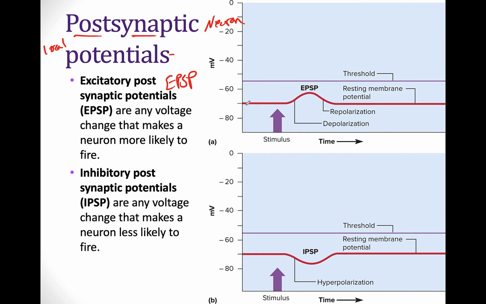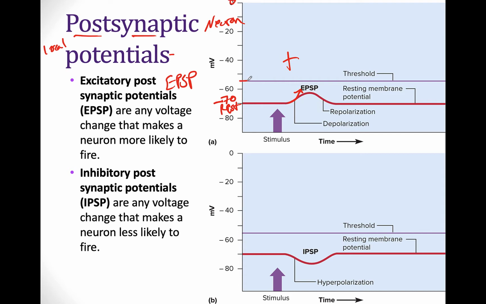This is going to be anything that is going to increase the voltage. So we start at -70, that's resting. Anything that is going to stimulate the cell and excite it is going to raise that potential and make it less negative, right? We're getting closer and closer to zero.